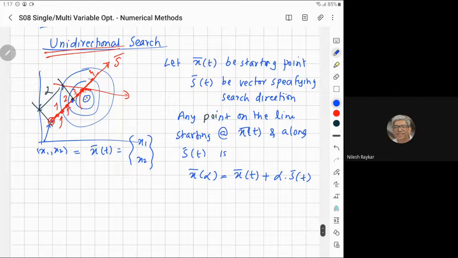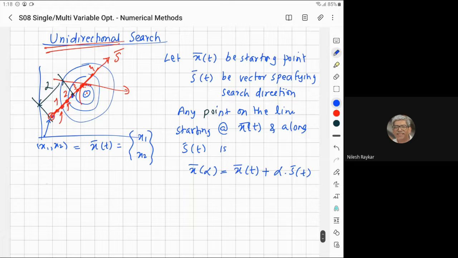In this manner, if your earlier vector is x1 and x2, what you will get after this operation is the new vector. Let's call them x1 dash and x2 dash. Those will be given as x1 plus alpha times s1 and x2 plus alpha times s2, for example.